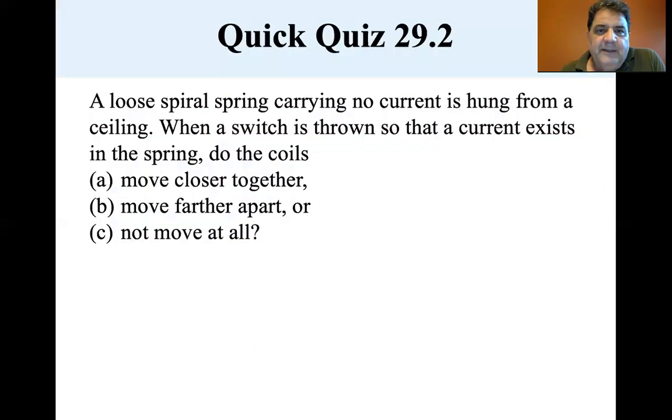Okay. Now, a loose spiral spring carrying no current is hung from a ceiling. When a switch is thrown so that a current exists in the spring, do the coils move closer together, move further apart, or not move at all? Well, let's think about it. You've got this coil, so the current is going around the coil.